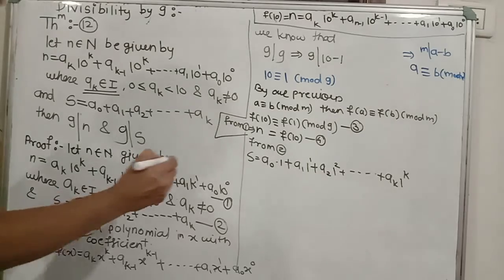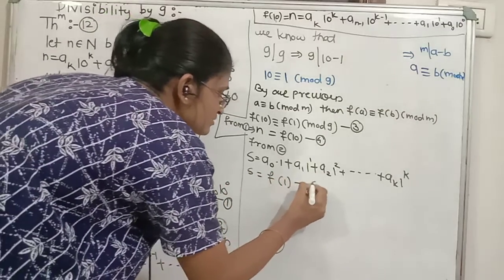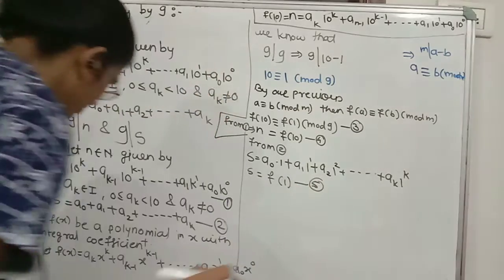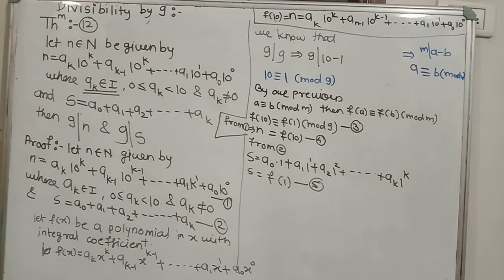So this s is called f of 1. This one is equation number 5, as per our polynomial, f of 1.